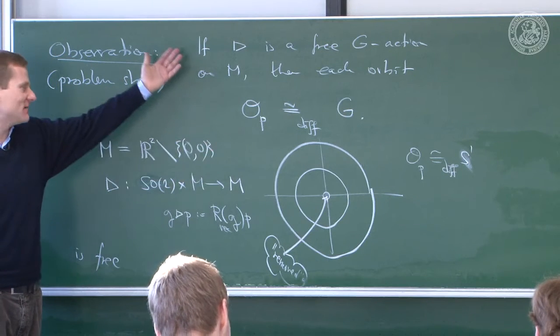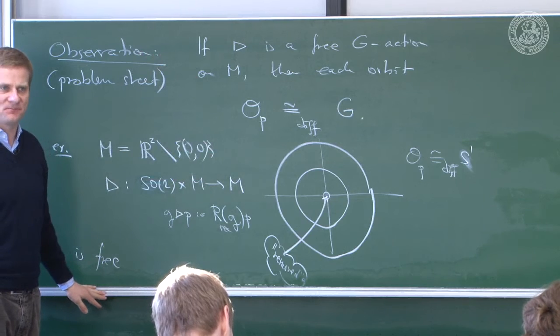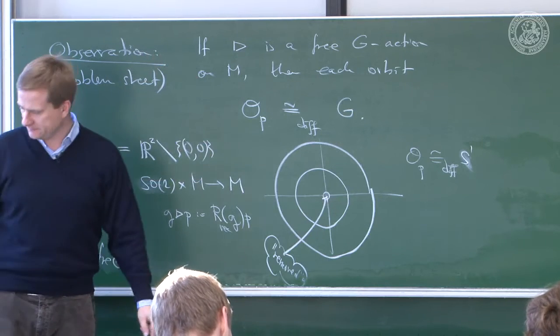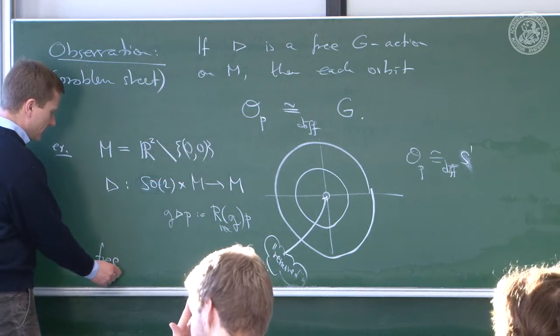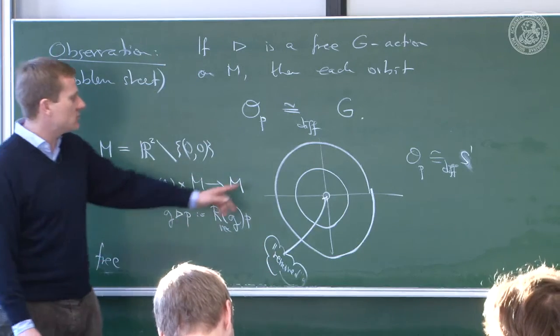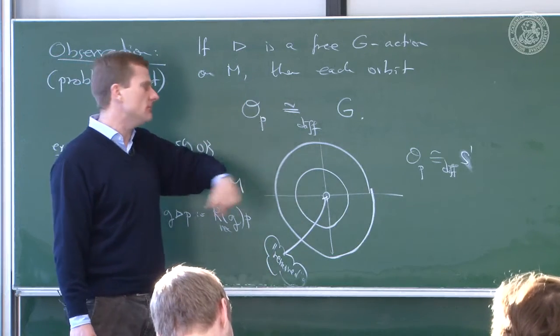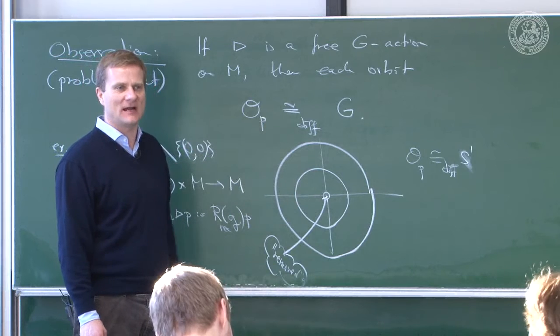It's child's play, very simple. And that's one of the purposes of considering free actions, that you know immediately that for a free action the orbits are isomorphic to the group.